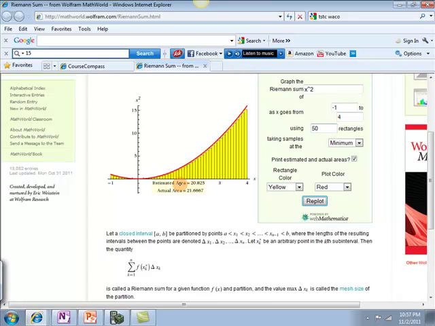And as we can see, the estimated area went to 20.825. We're getting really, really close. So as we add rectangles, we're taking up more of the area, filling in here, and getting close to the actual area. So that's the idea of taking a Riemann sum, which is summing up all those areas.